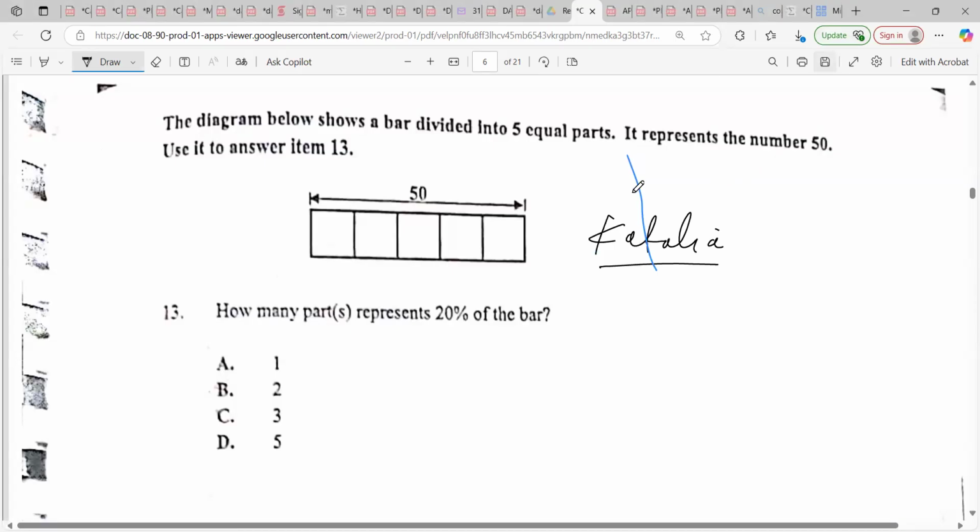Okay, sir. So the first thing I did was put 20 over 100. Then divide it by 100, which would equal 0.2.